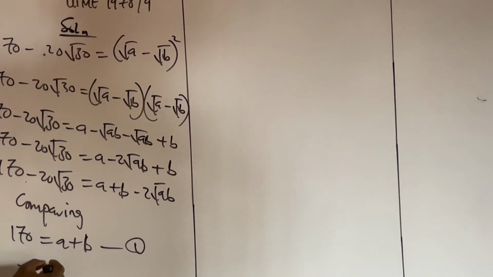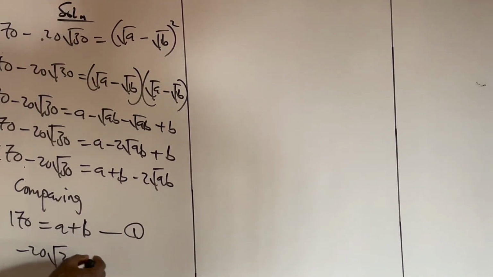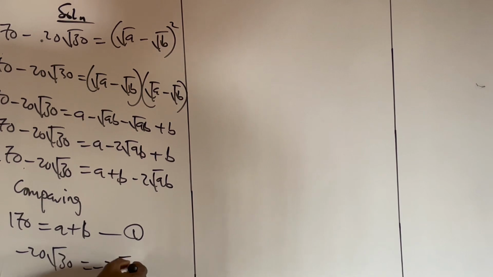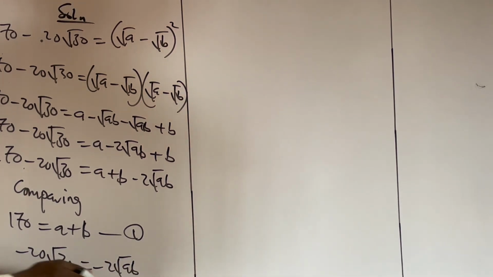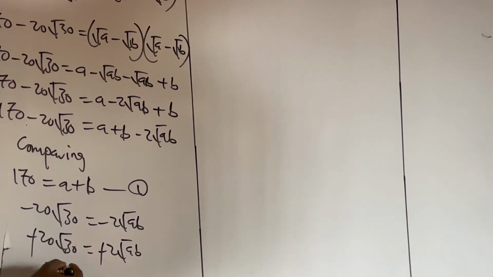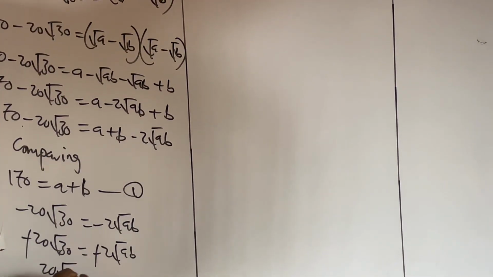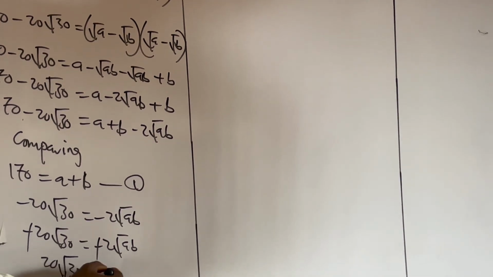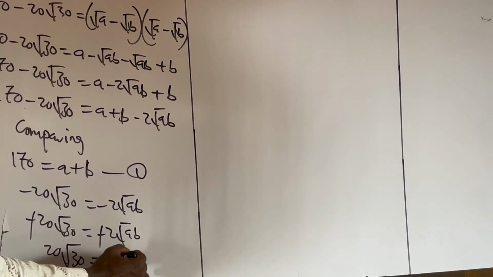And here we have minus 20 root 30 equal to minus 2 root AB. The minus signs cancel out. So 20 root 30 equals 2 root AB.